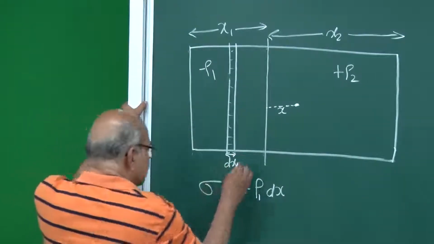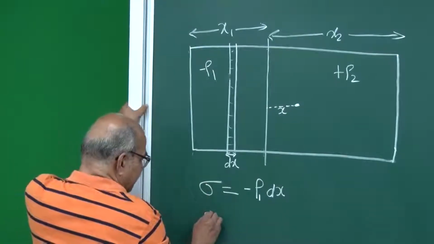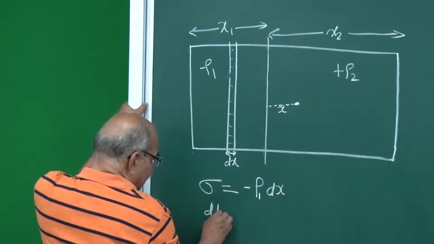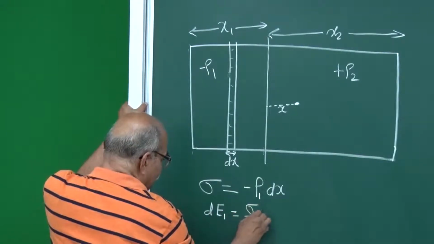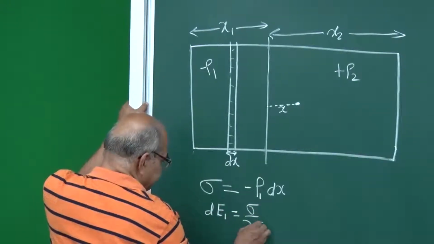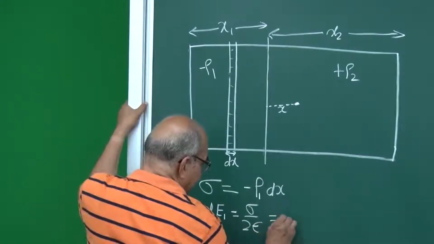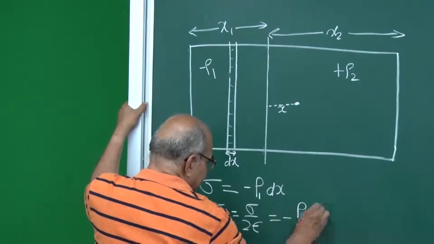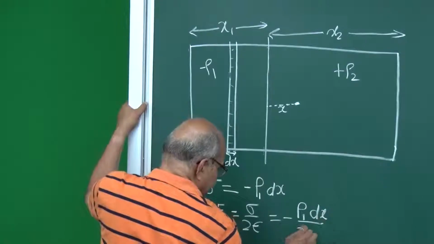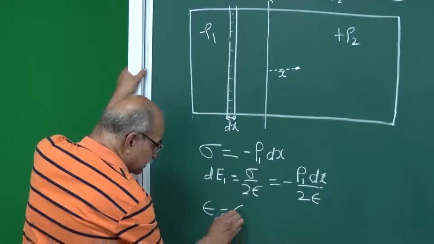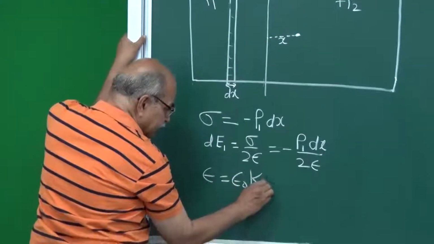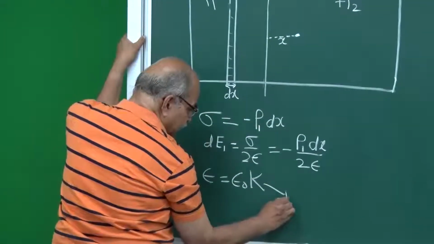And so the electric field due to this will be dE1, which is sigma over 2 epsilon, that is, minus rho 1 dx over 2 epsilon, and this epsilon is epsilon naught times k, where k is the dielectric constant.